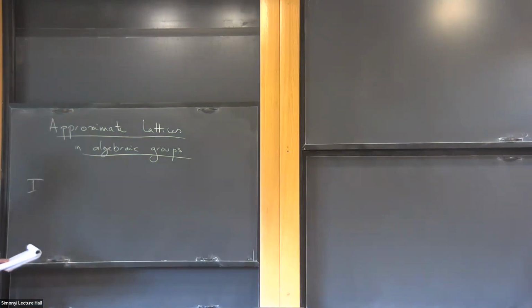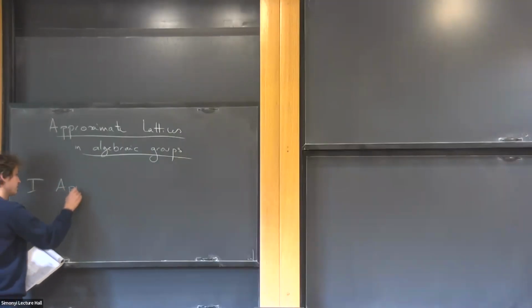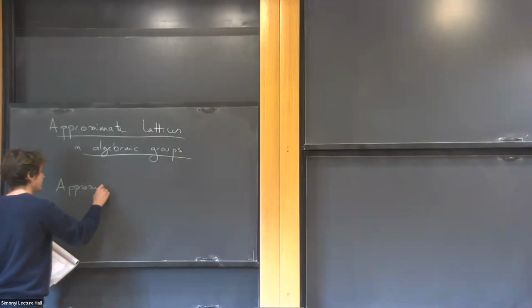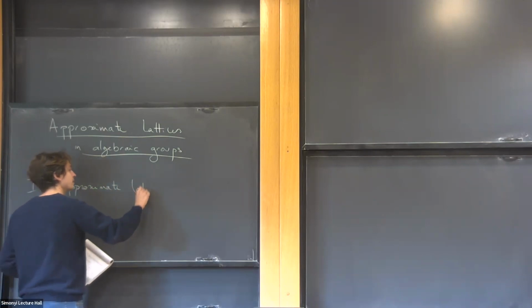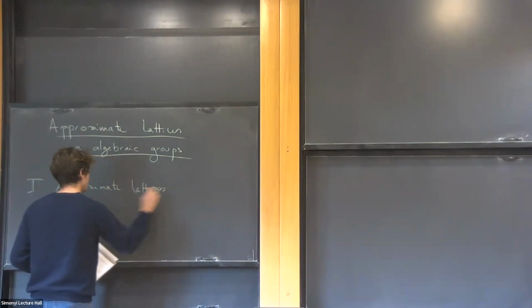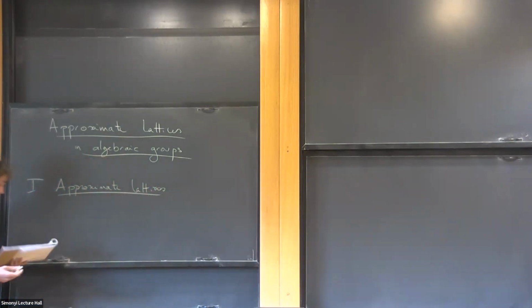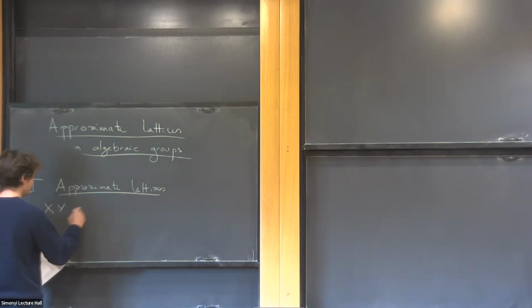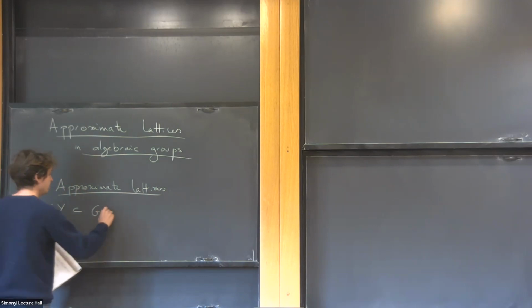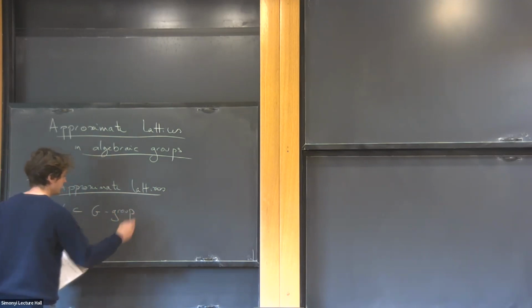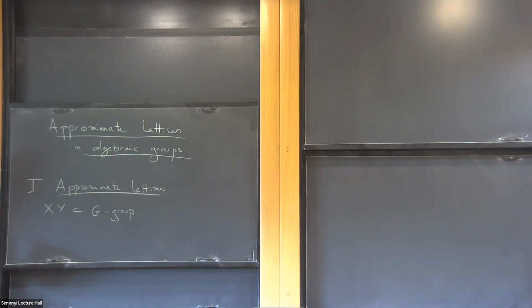Okay, so let's just get into it, and let's talk about the obvious thing, approximate lattices. We need a few definitions, but first I want to orient the way you think about these objects. Essentially, we're interested in subsets of G, a group, and how they behave with respect to certain operations.